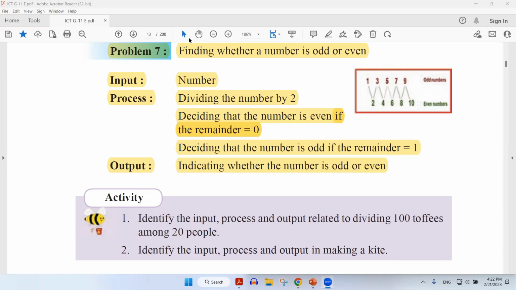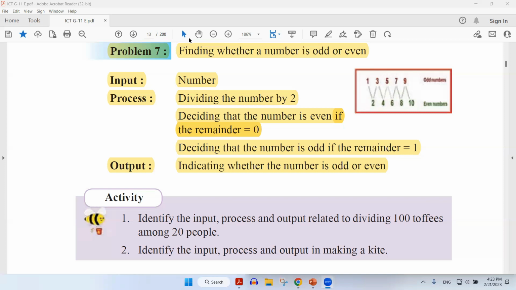Within brackets, is remainder equals 0. Full stop.